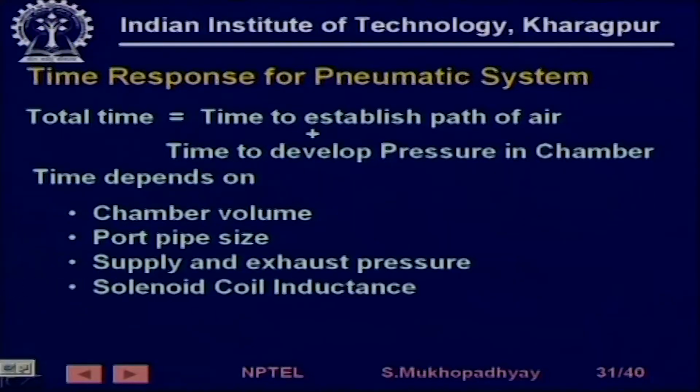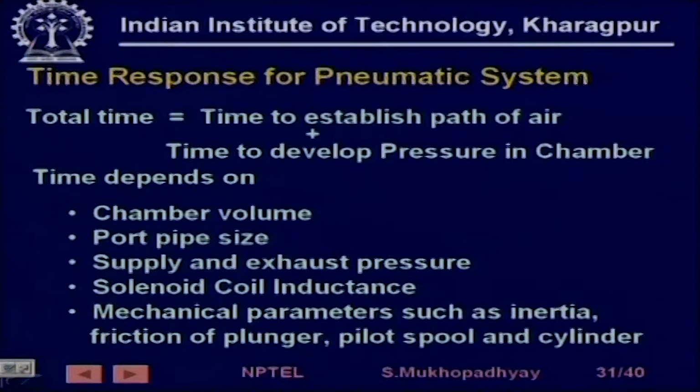So, these times depend on a lot of factors like chamber volume, port and pipe size, supply and exhaust pressures, and what is called the ratio of the upstream and the downstream pressures. Similarly, there are also times required for solenoid coil inductance, inertia, etc. They are generally smaller compared to the pneumatic part, but all these factors will affect the time response of a pneumatic system.